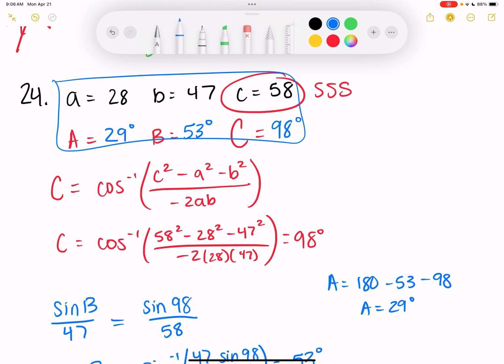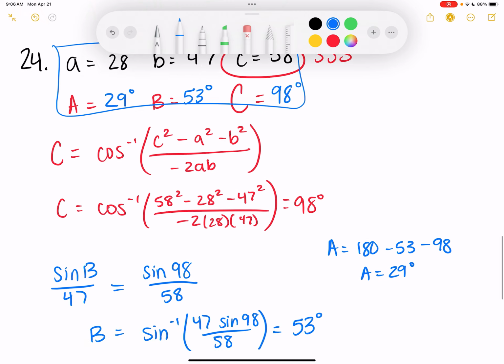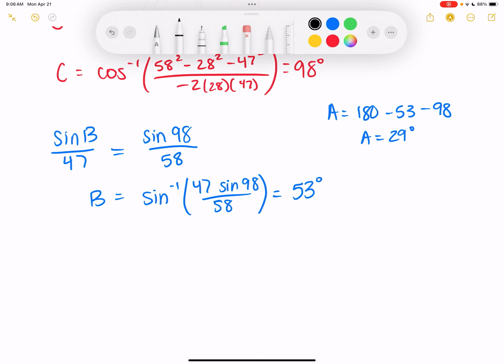Let's see. 32. Angle C is 59.7 degrees. Side A is 3.73 and side B is 4.70.